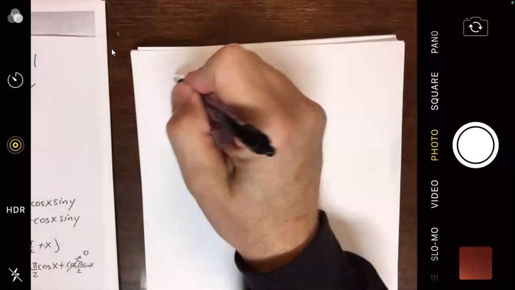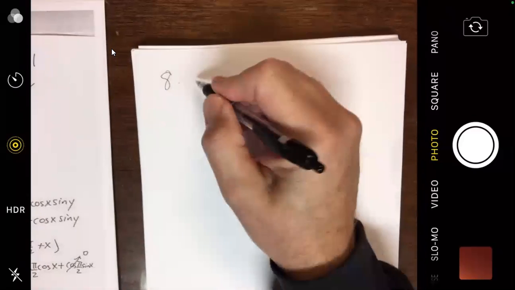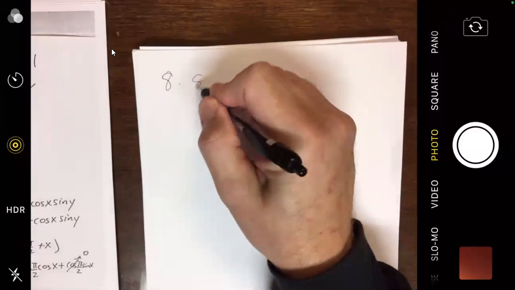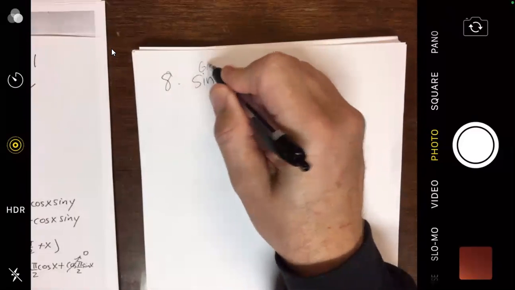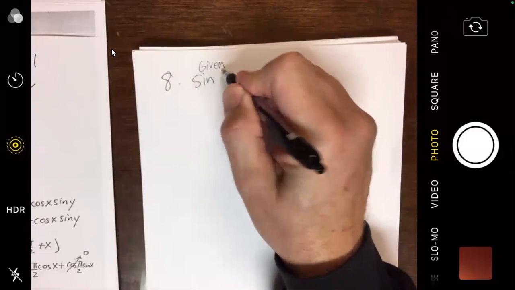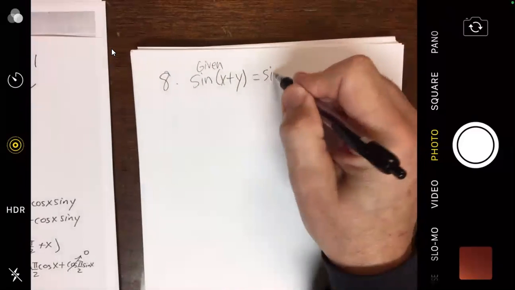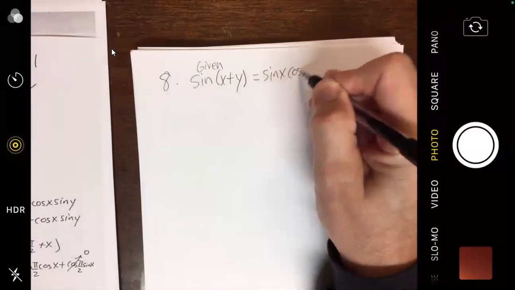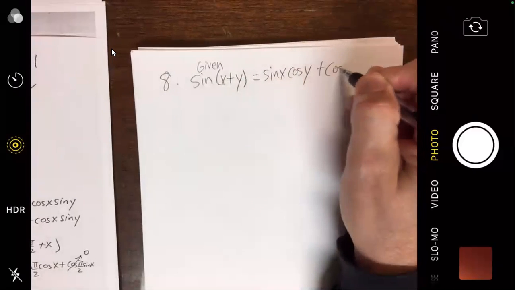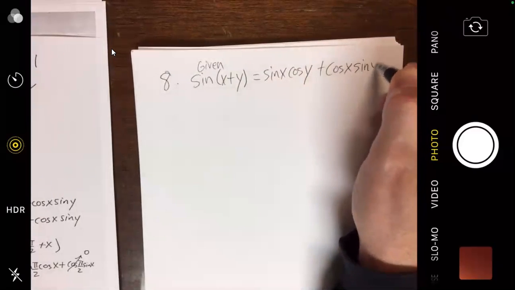Number 8. I guess we're not making you memorize these formulas. It's given in this problem that the sine of a sum is sine of first, cosine of second, plus cosine of first, sine of second.